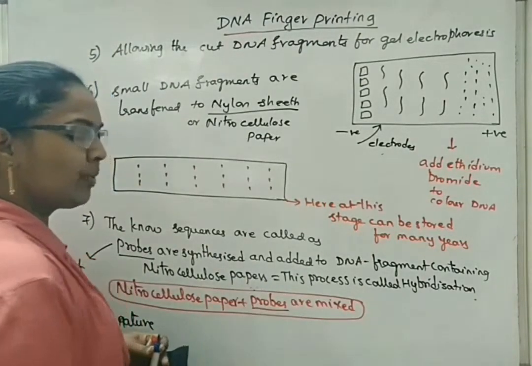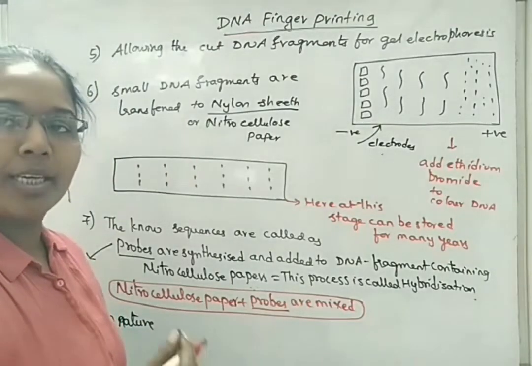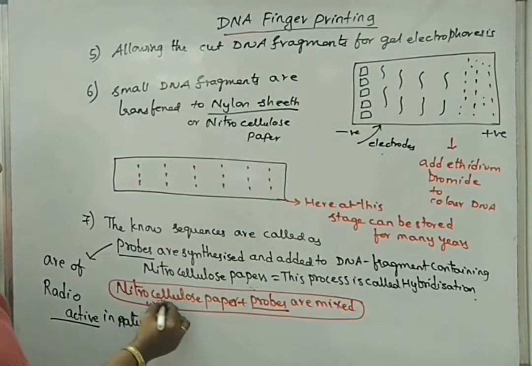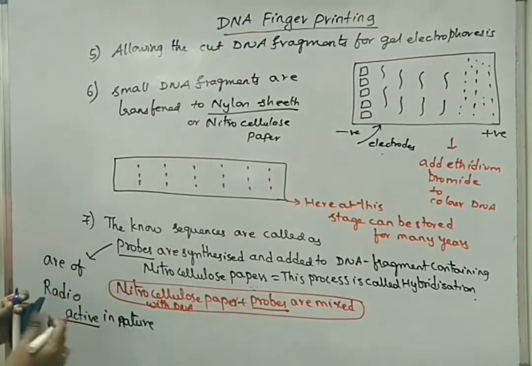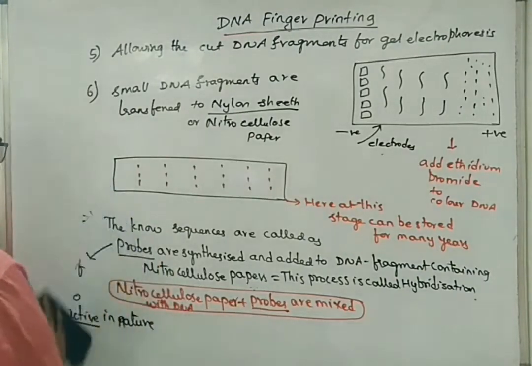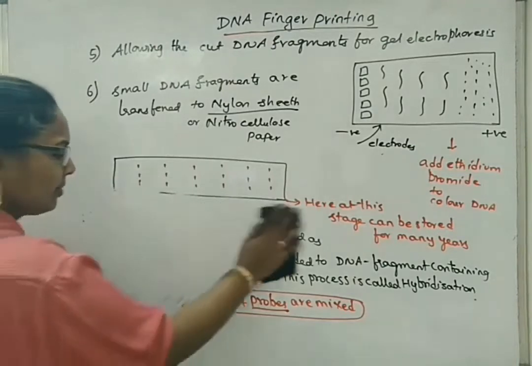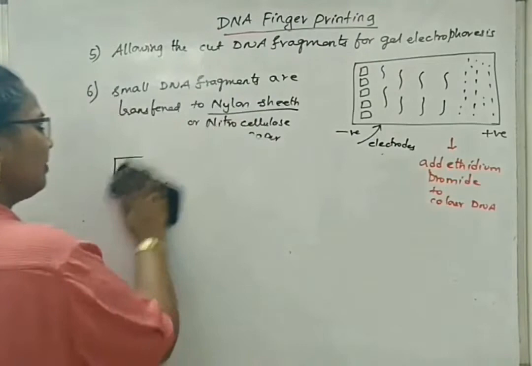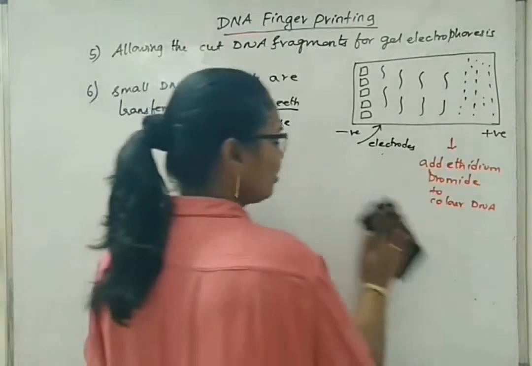The nitrogen base sequence of probes is known, but the DNA fragments which are stuck onto the nitrocellulose paper are unknown. Means the unknown gene sequences are added with probes. We know the sequence of the probes. These probes will go to the concerned DNA fragments and they will bind with the help of hydrogen bonds.